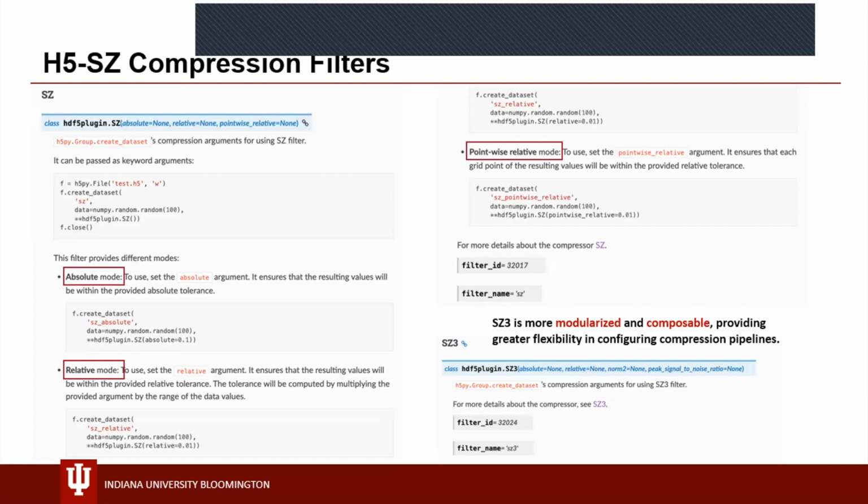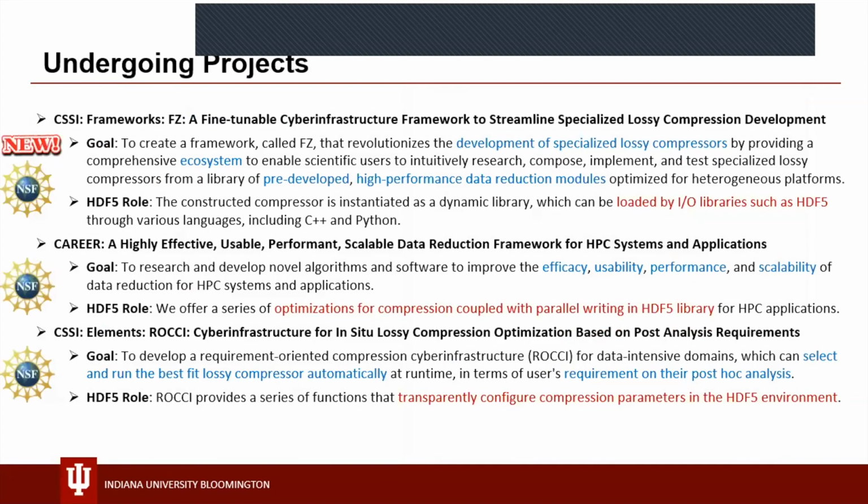So far, we're still developing that, but eventually you can pass, for example, different predictors, different quantization, different encoding techniques as parameters to the filter, and the filter can automatically construct the compression algorithm and automatically call it when you are dealing with the data.